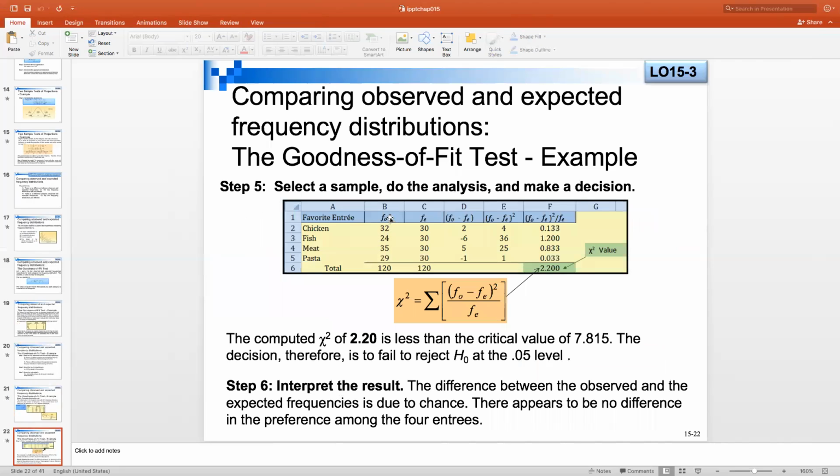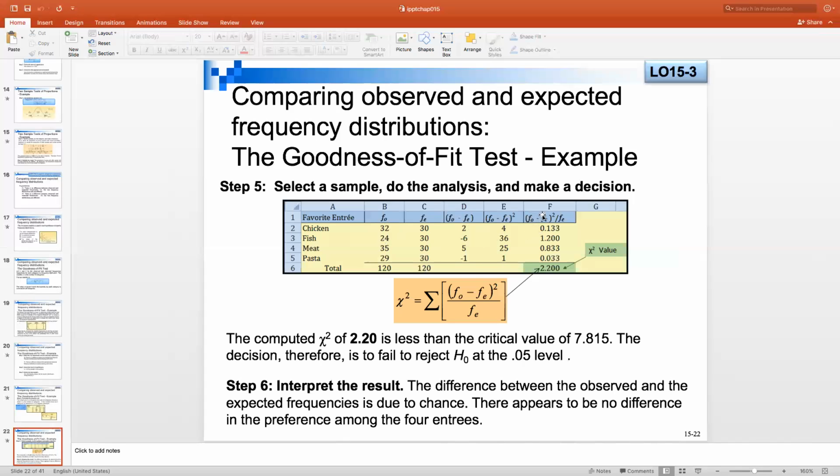Okay, so FO, that's our observed frequency. Remember that column of data from before. FE, remember that column of data. And let's do some simple math and subtract them from each other. There you go. So 32 minus 30 is 2. 24 minus 30 is -6, etc. And let's go ahead and square that. 2 squared is 4. -6 squared is 36. There's our data.